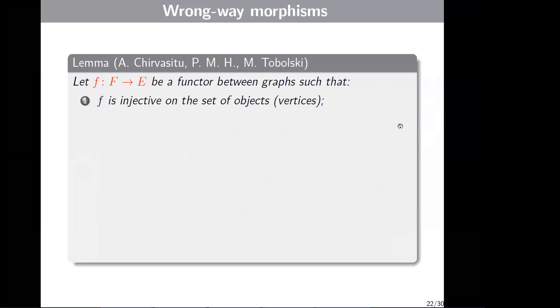Okay. So when I say this fancy thing, let E and F be graphs, and I have a functor between graphs. All I mean is that I have a set-theoretical map from all finite paths on F to all finite paths on E, because paths of length 0 are my objects, and identity morphism is identified with an object. Okay, so that's the way it's done in category theory.